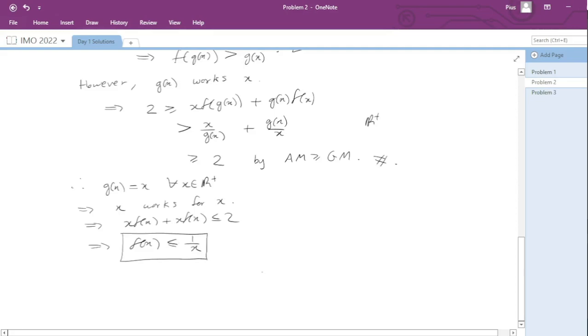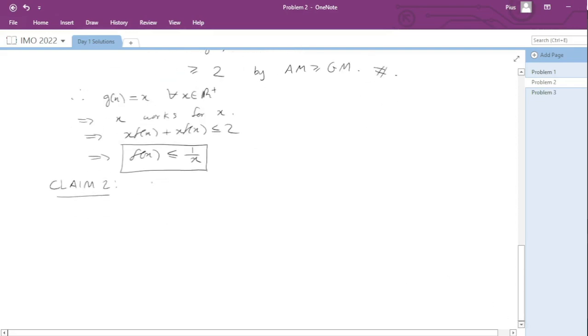Okay, so now we'll move to the second claim, and the idea here is that it seems to make sense that f of x probably would be 1 over x. So we're going to prove that next. Claim 2: we have f of x is 1 over x for all x.